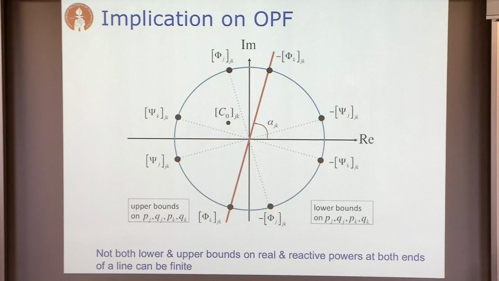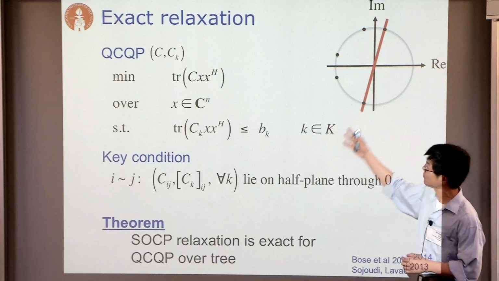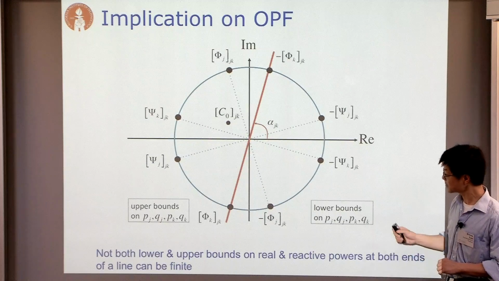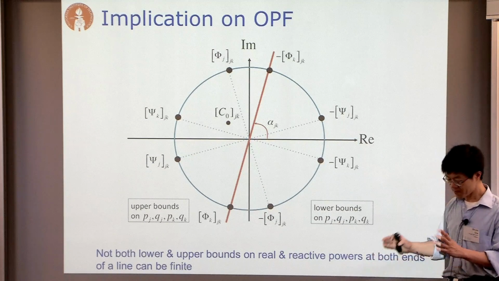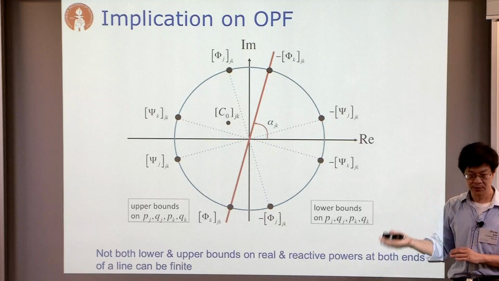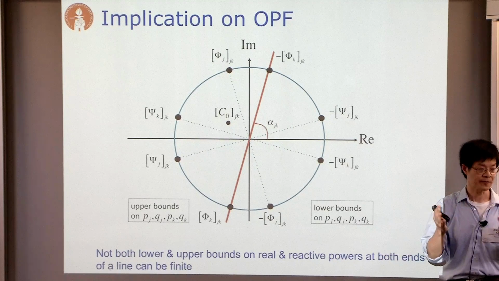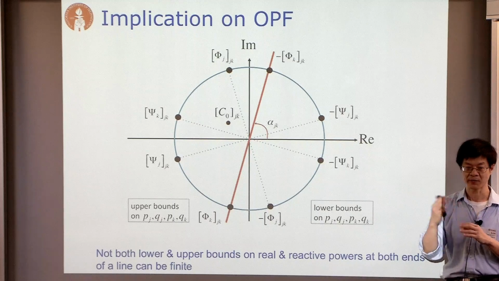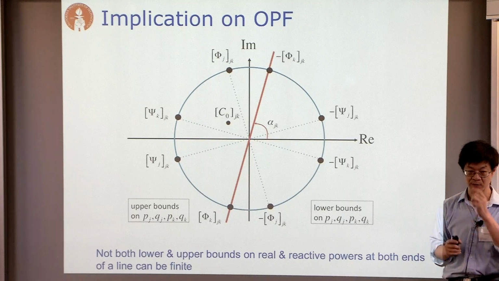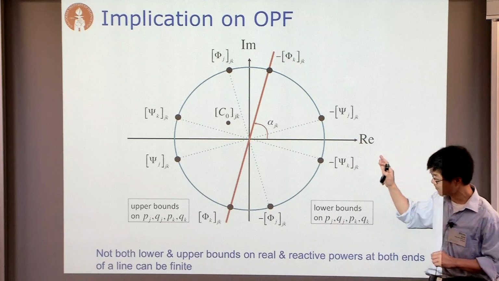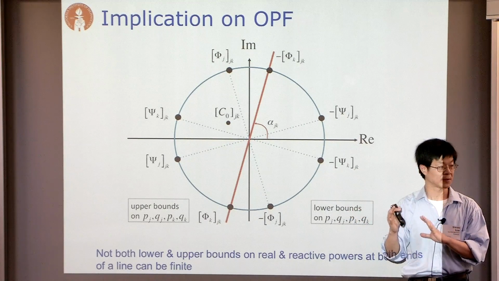OK. That's for general QCQP. The implication, you map it to OPF. Remember that OPF has constraints on the voltages and also on the injections, so the generation limits, for example, or the load limits. If you are doing demand response, there's a certain limit you can do your optimization over. So that condition has implications on what those limits can be.